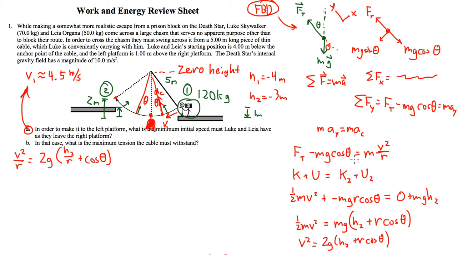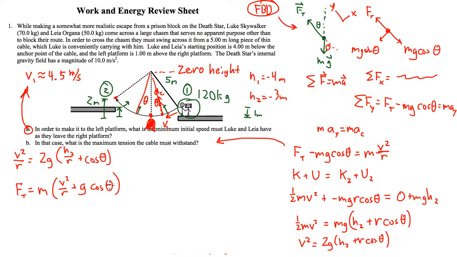Now I want to express this as tension is equal to m times v squared over r, and then we take our mg cosine theta and bring it over, so plus g cosine theta.